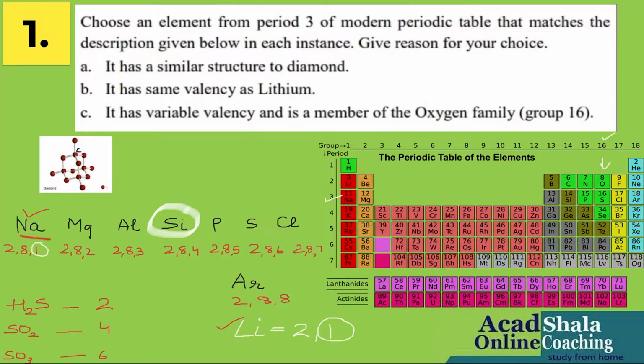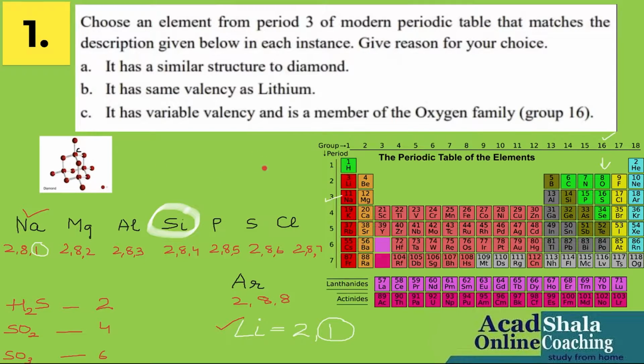When you see period number 3, you came across that it was only and only silicon, because it has atomic number 14 and its electronic configuration 2, 8, 4, which has a similar structure to that of diamond. So our answer is silicon, whose symbol is Si.